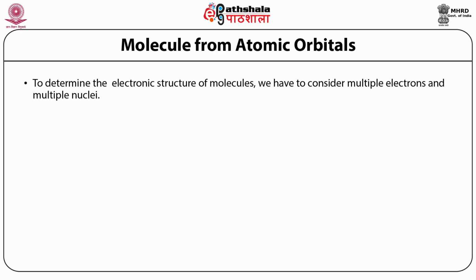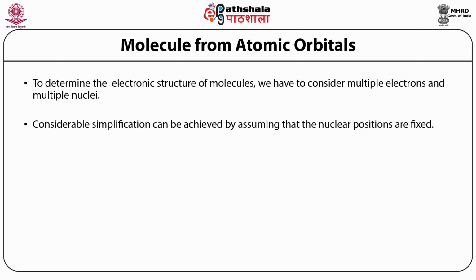So in order to determine the electronic structure of molecules, we have to consider multiple electrons and multiple nuclei. So considerable simplification can be achieved by assuming that the nuclear positions are fixed.